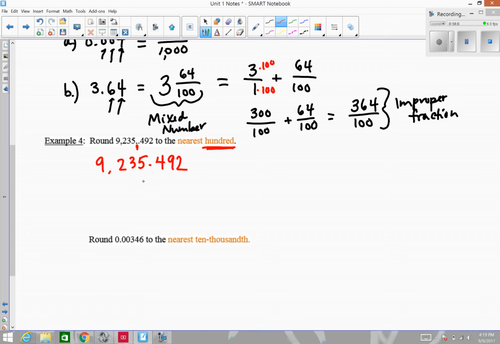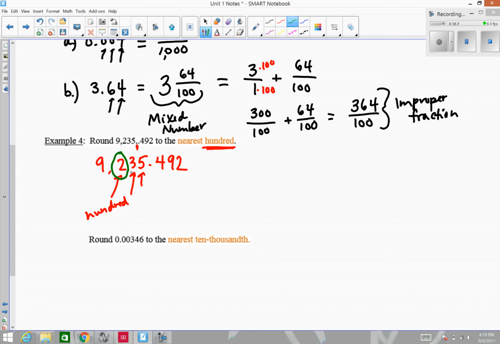So let's see, here's my ones place, and here's the hundreds place. Oh, I'm sorry, that's a tens place. So ones, tens, and then hundreds. That's where we want to round to. If I want to round to that hundreds place, I have to decide whether to leave that hundreds number the same or increase it by 1.